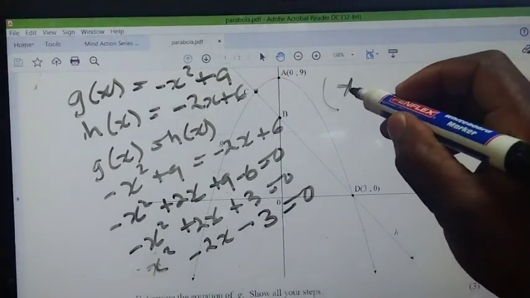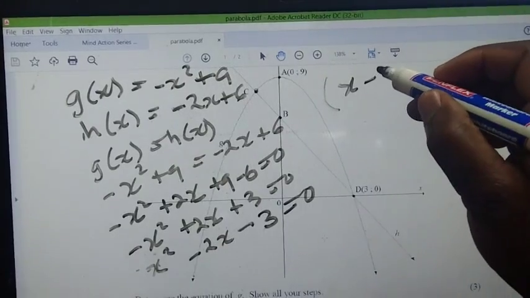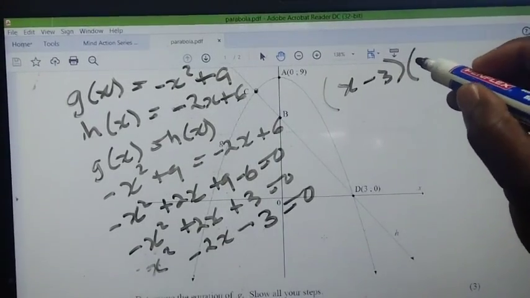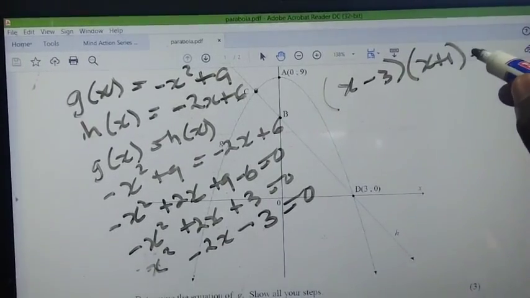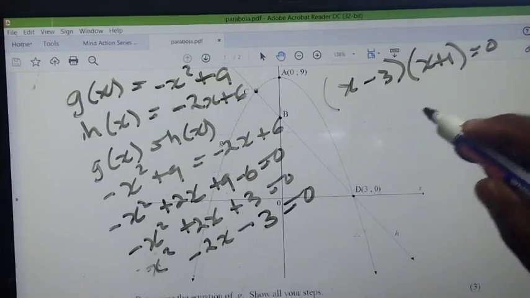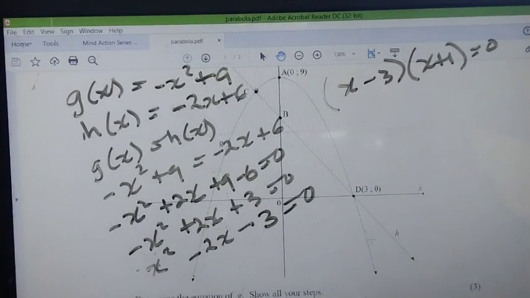That is x minus 3 into x plus 1. If you are not sure about factorization, then you have to fix the problem, because it will continue to haunt you as far as you do mathematics. So it's better you pay attention to it and fix it.